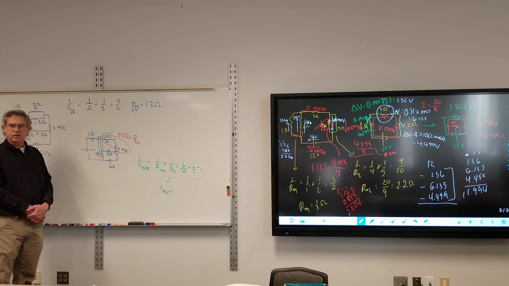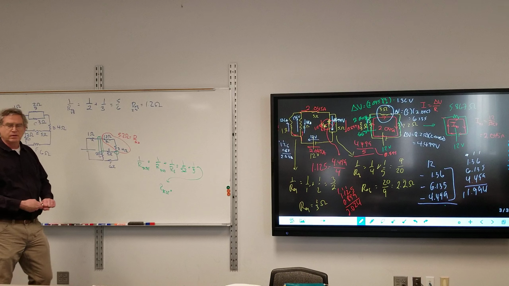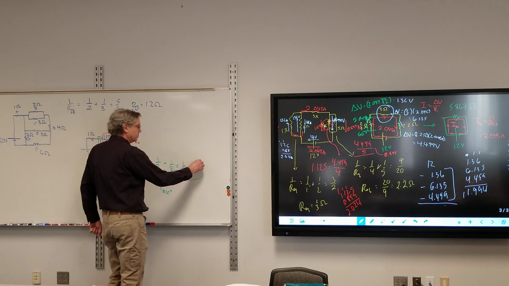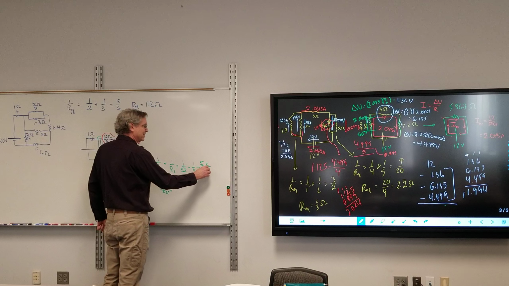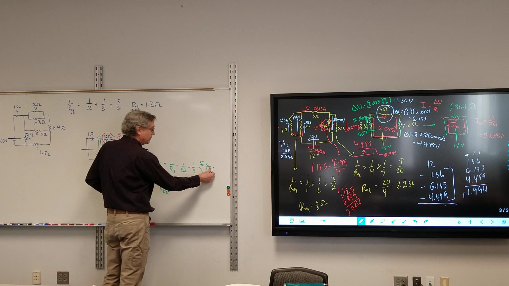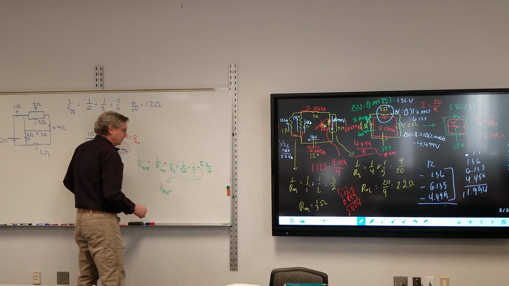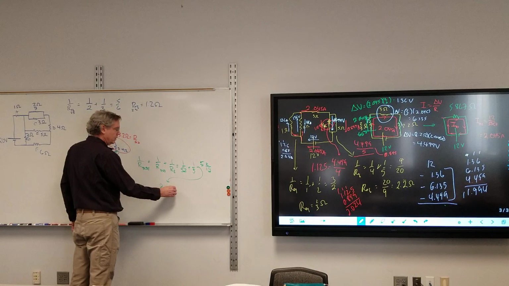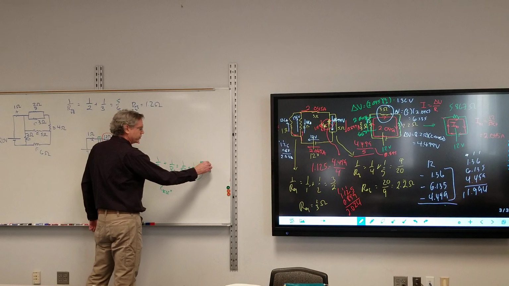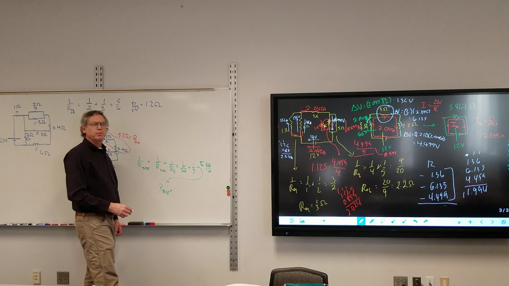Right. And then you flip that. Yes. So that as a fraction was 22 over 13. So then flip that, it would be 13 over 22, right? So what did we end up with in the end? 0.509.